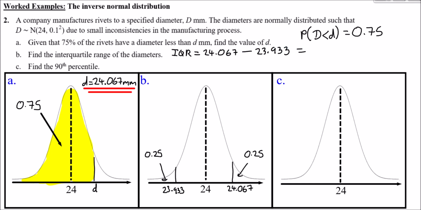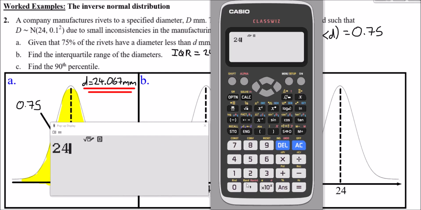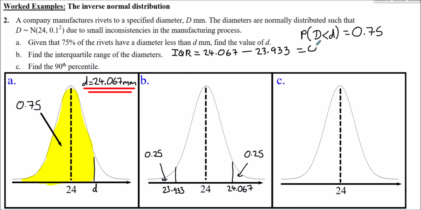If you calculate this, you get 0.134. So 0.134 millimeters. That's a pretty tiny spread, because they're being manufactured to be incredibly accurate.